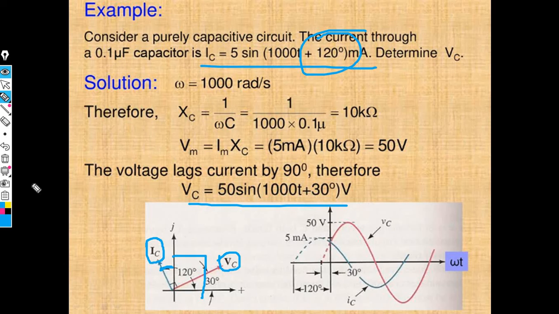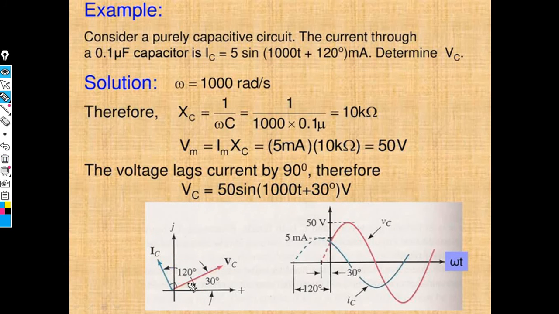The voltage angle VC is 30, and the current angle is 120. That means the total angle of the current is 120.